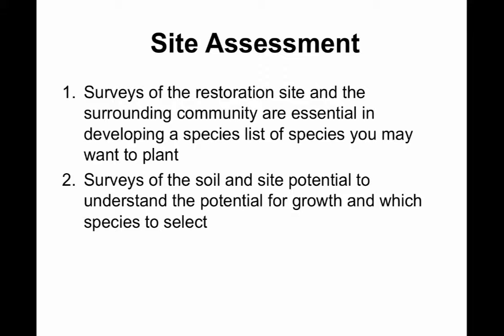And then you also want to do a survey of the soil and the site potential. Understand whether you have certain local climatic issues, things like frost pockets or other really dry, exposed sites. So understanding the topography as well as the soil and water holding capacity is really going to help you understand the potential for the growth of these seeds or seedlings that you're putting into the ground to help enhance your restored site.